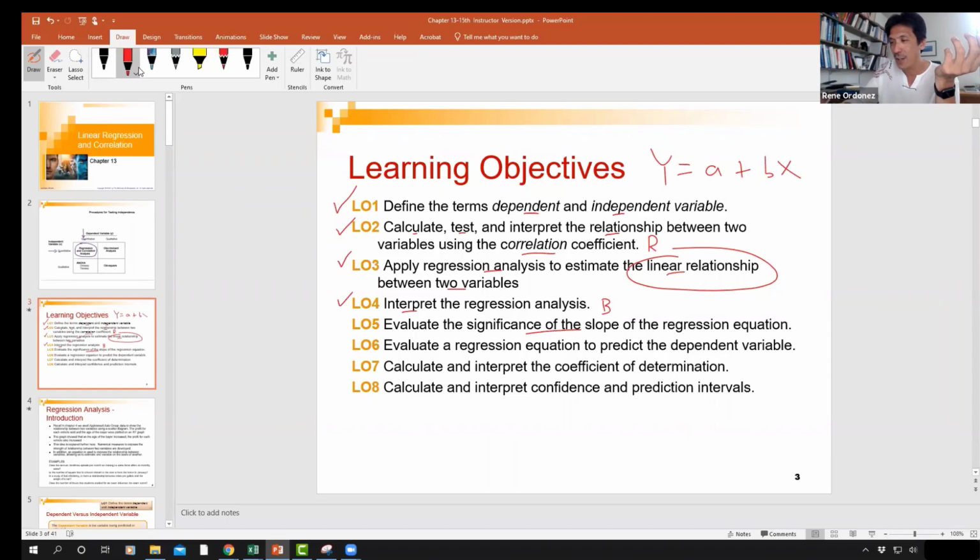All right, so you're all familiar with this equation, right? Based on what you learned in algebra, either from high school or in college, if we graph x and y based on a sample of n pairs of observations, and x and y are linearly correlated, then the scatter plot of x and y will look something like this, with the dots representing the observations.